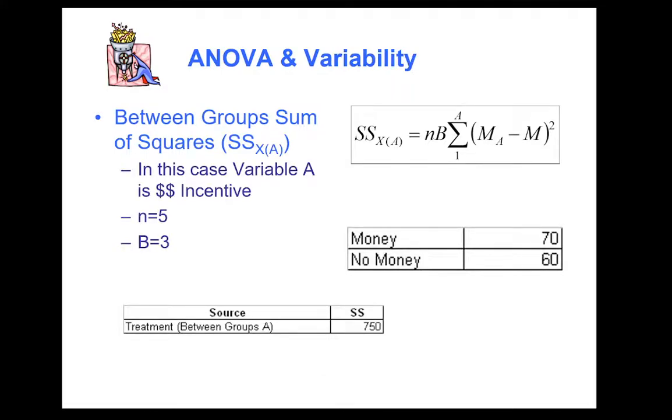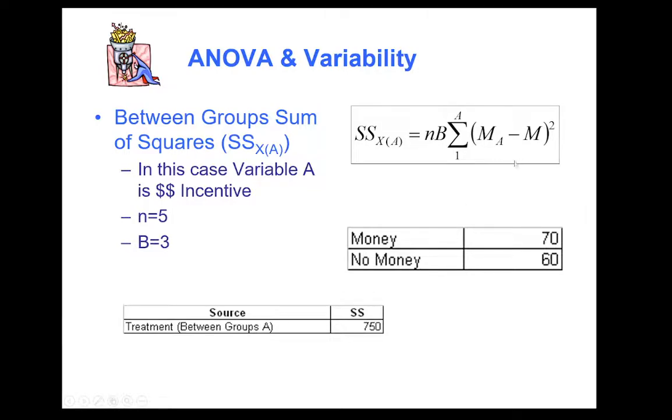So here are my simple calculations, right? The mean for the money is 70. The mean for the no money is 60. The grand mean is 65.